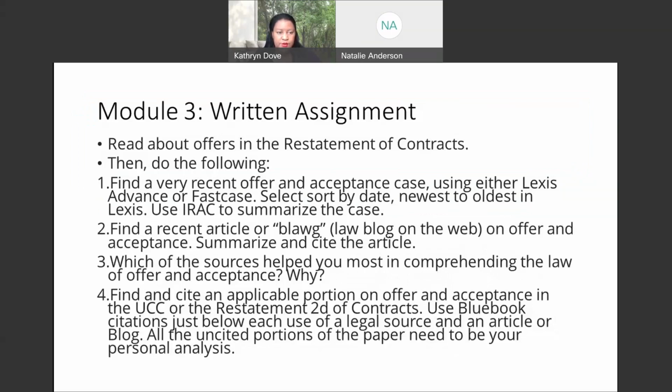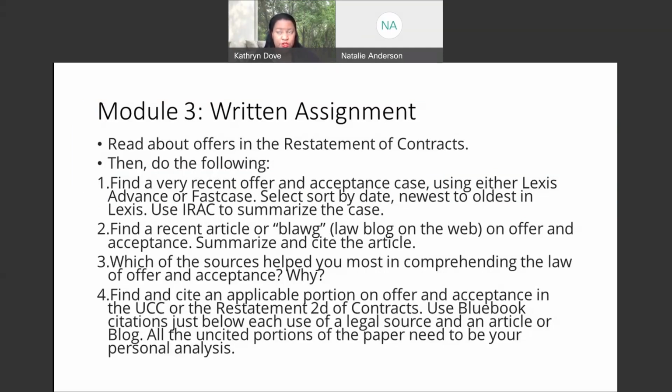So you will need to find a recent case on offer and acceptance by doing a search. Be sure to sort by newest to oldest date so that the one that comes up on top is the most recent. Be sure that it is indeed a case where the court analyzes the elements of offer and acceptance.